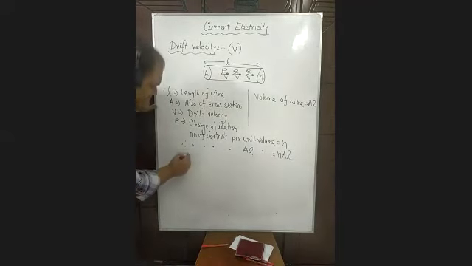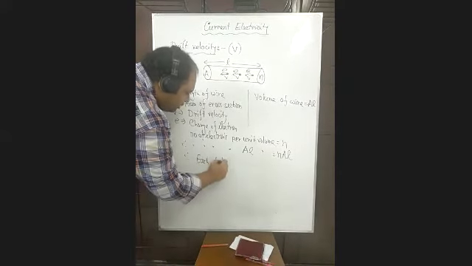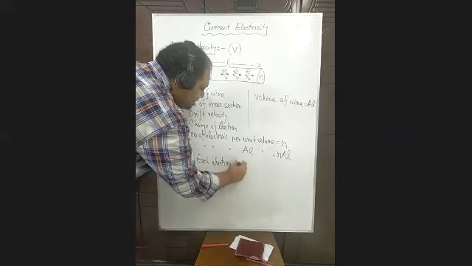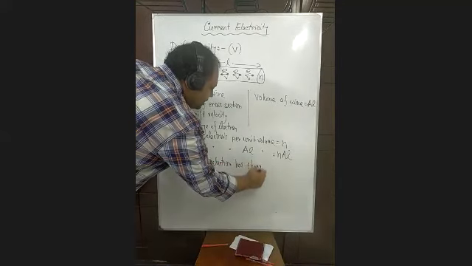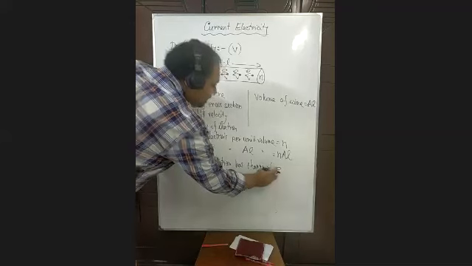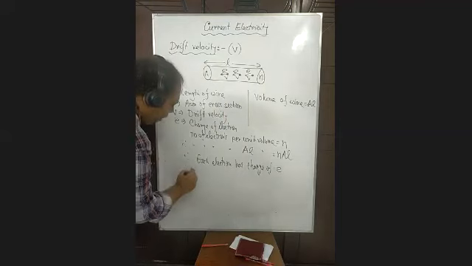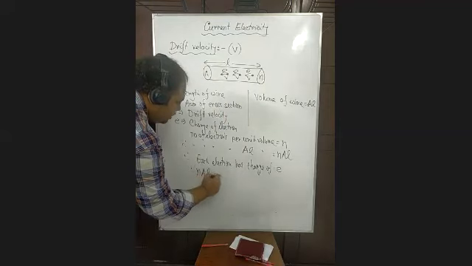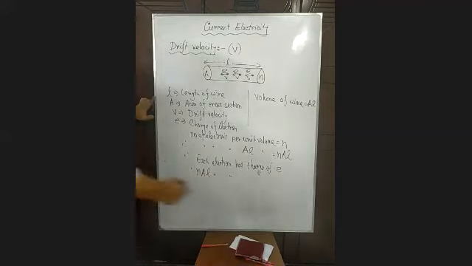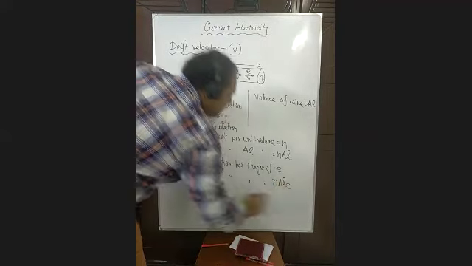Now, each electron has charge of e. So what will be the total electron charge? nAL electrons, each with charge e, give nALe.